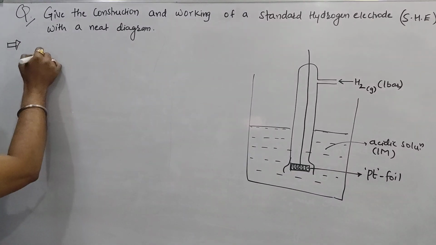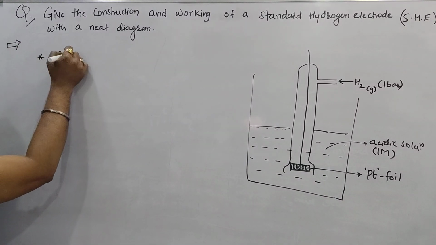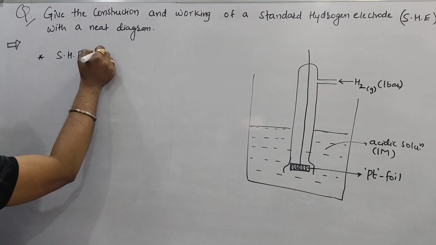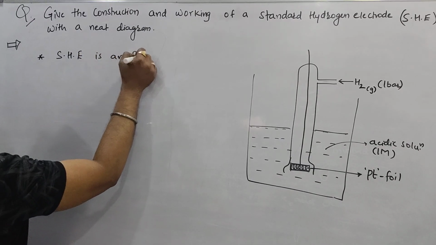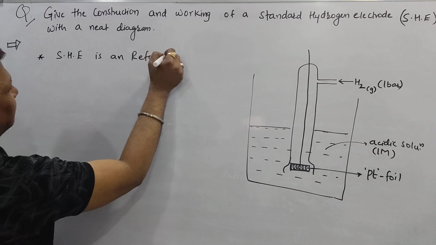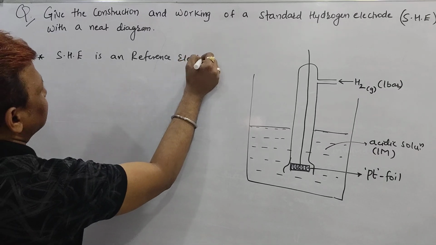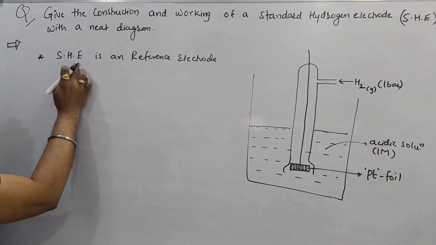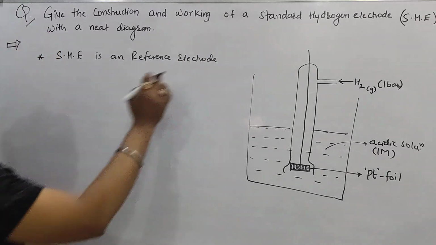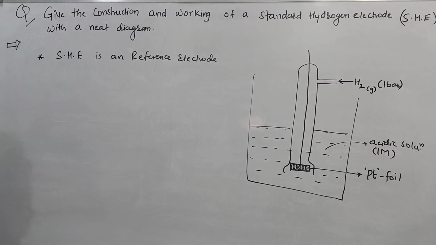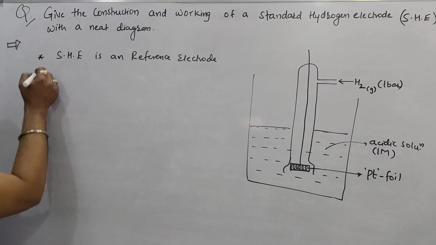See here, point number 1. What is a SHE? Standard hydrogen electrode is a reference electrode. Is it clear, beta? What is a SHE? So the standard hydrogen electrode, this one is a reference electrode. Beta, it is used to measure potential.